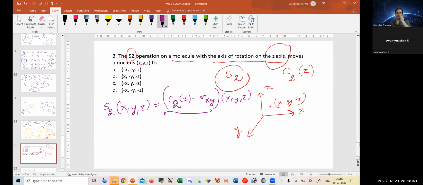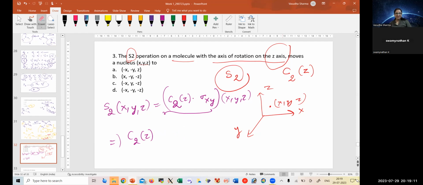Is it right? Okay. Now we have to apply the operations right to left. So the first operation applied is sigma.